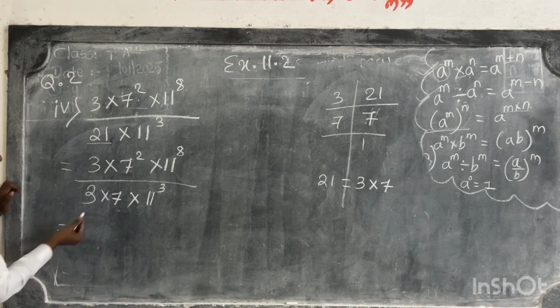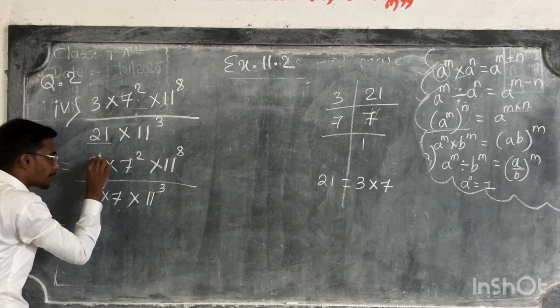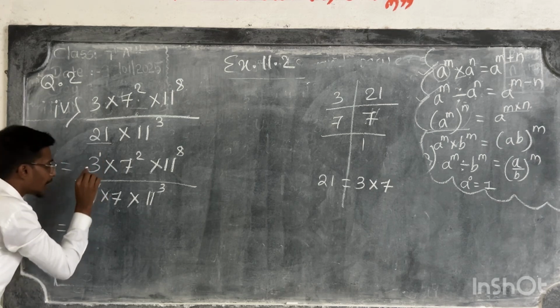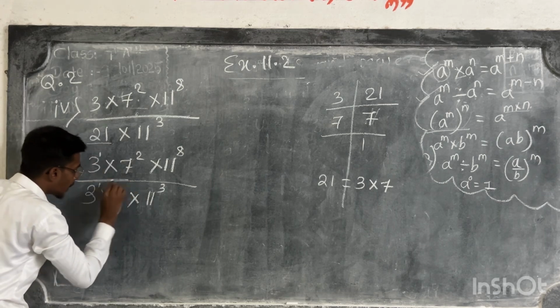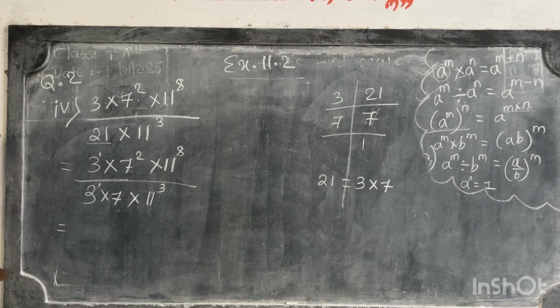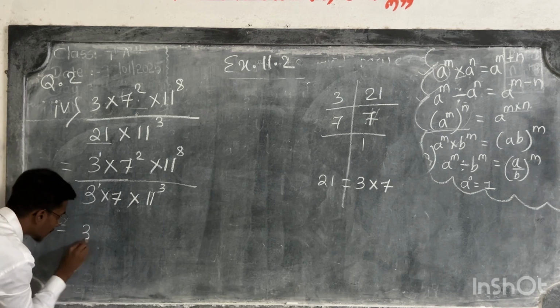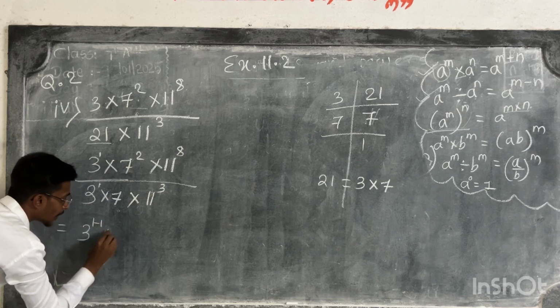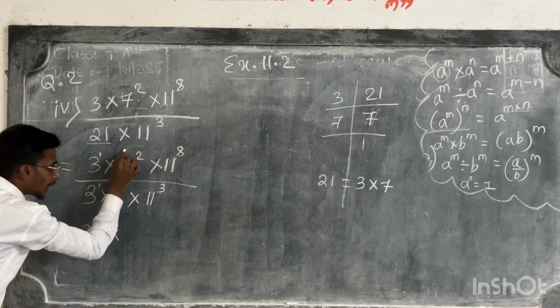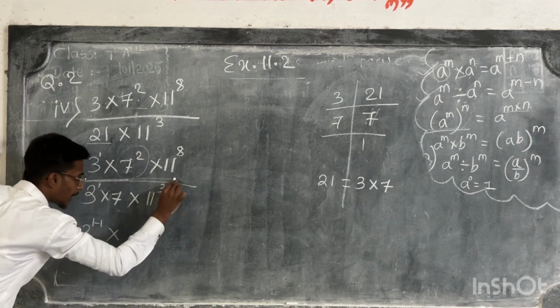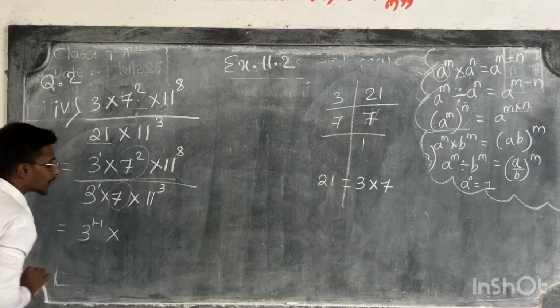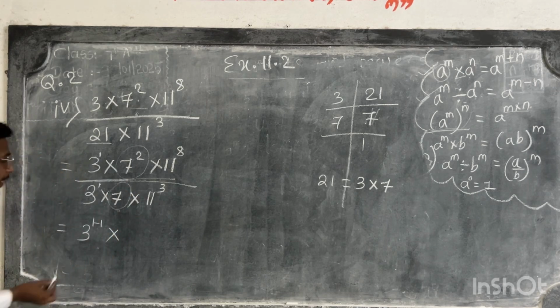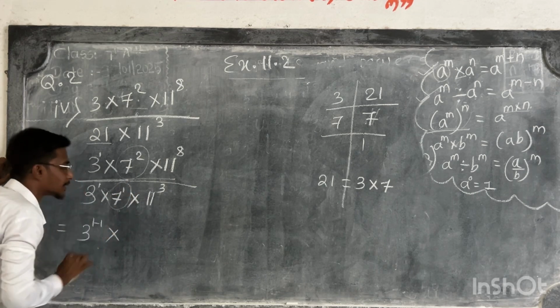Now you can see if there is no power, there is a power of 1. A to the power m divided by a to the power n. We have to subtract the power here. That is m minus n. 1 minus 1 into a to the power m divided by a to the power n. Subtract both powers. If there is no power, there is a 1 always.